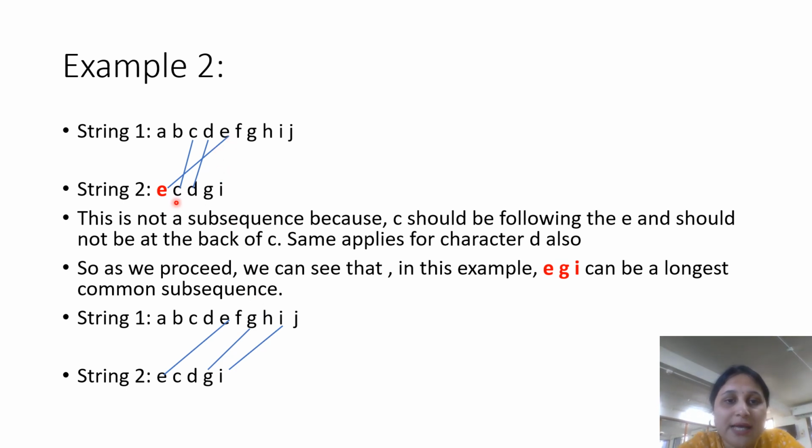Suppose I draw lines here; if two lines intersect each other, those characters cannot be counted as a longest common subsequence. In this way you can identify which character set can be a part of the longest common subsequence. So here you can see E, G and I have not intersected each other, whereas C and D have intersected with E. So here EGI is the longest common subsequence.